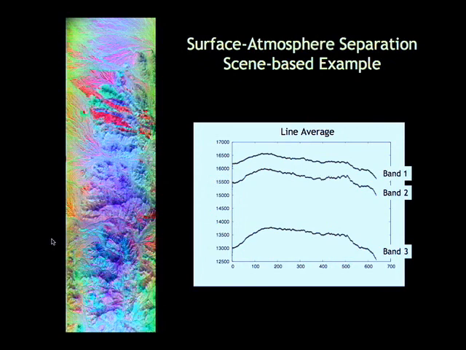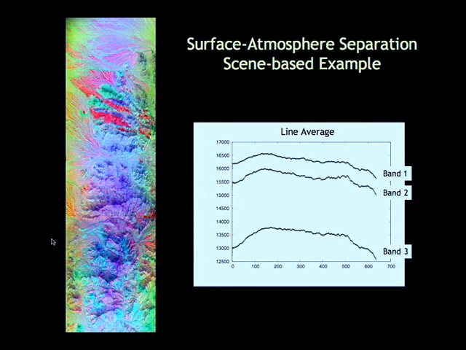A really simple way around that is to say, I'm going to assume that statistically the ground is sort of randomly distributed. So what I've done here is I've just taken a column average of the entire scene, and those 3 lines then represent a single line that's an average of all the lines in the image.